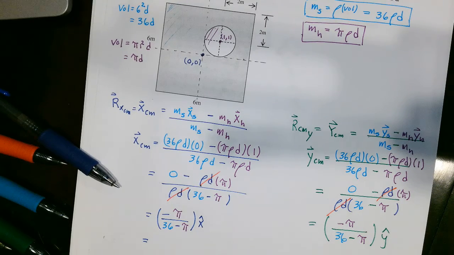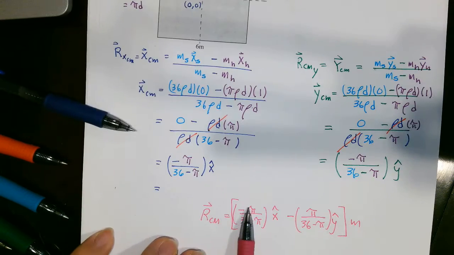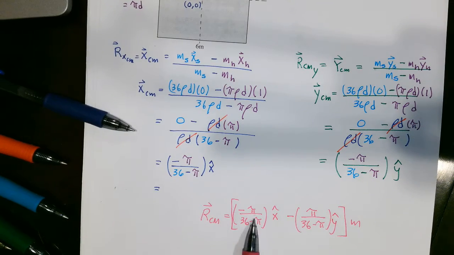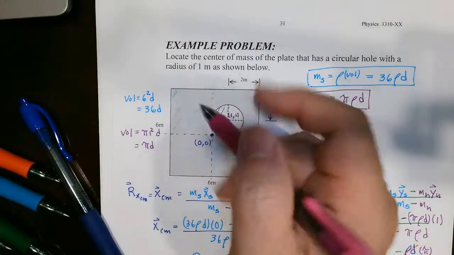So where's that located? It looks like, let's say this is 3 and this is 3. So it's like 3 divided by 33, right? So it's like negative 1/11th.